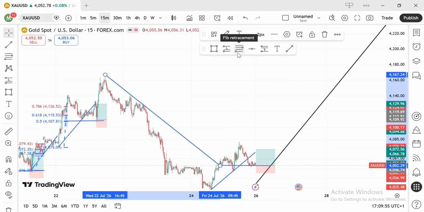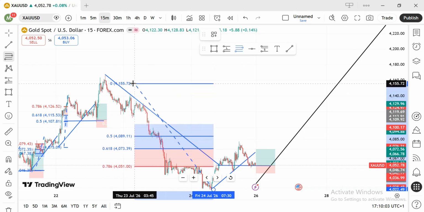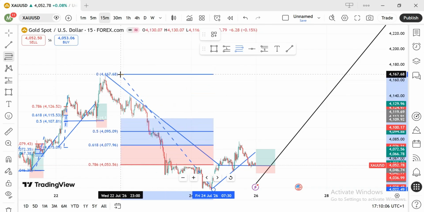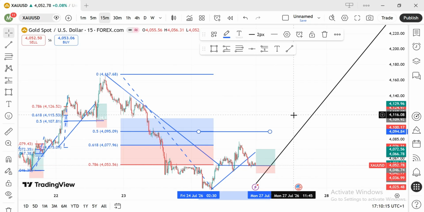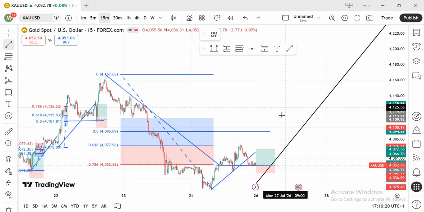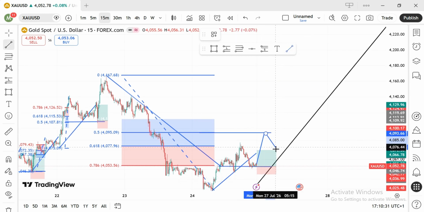All we have to do is to take our 50% Fibonacci. We take it from this end to, let's say, this end over here, and that should give us a test. So it means that if price gets to this position of 4094 over here, there will be a continuation of the bearish trend to this pullback trend line of the 4 hour.